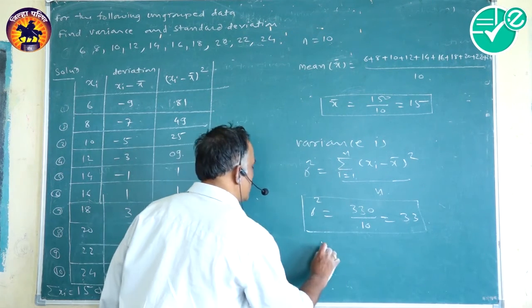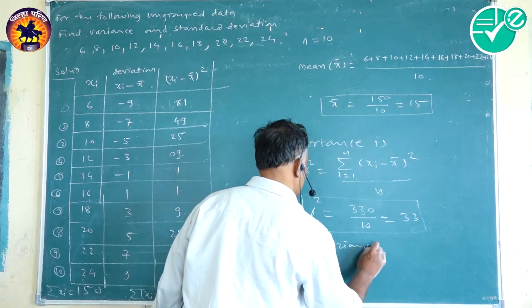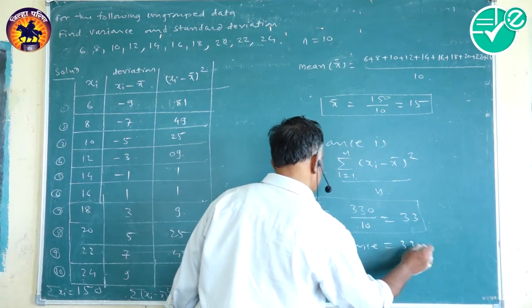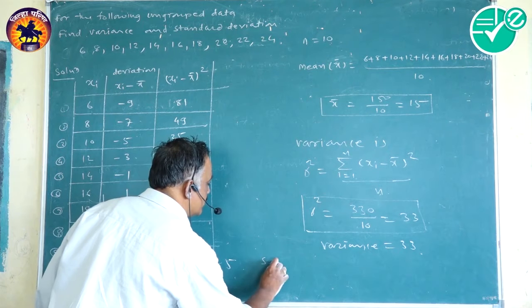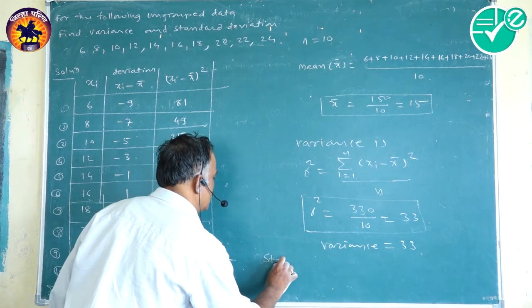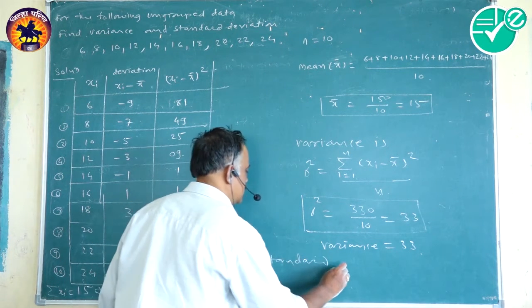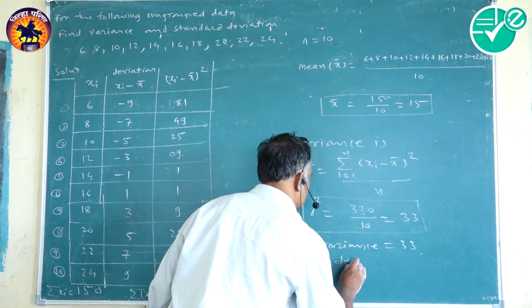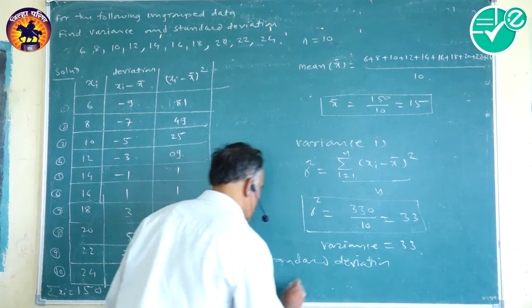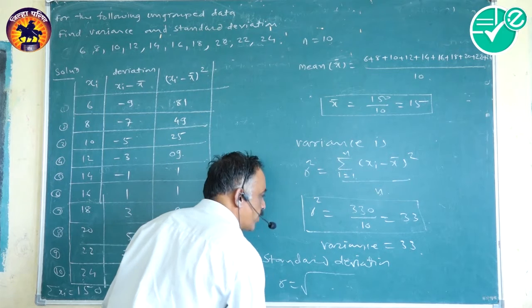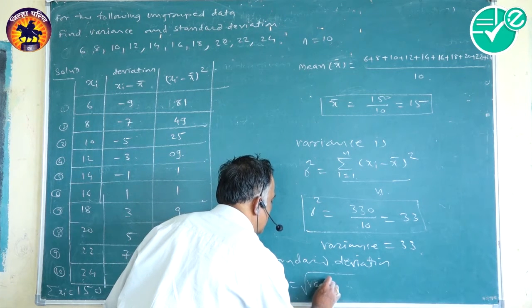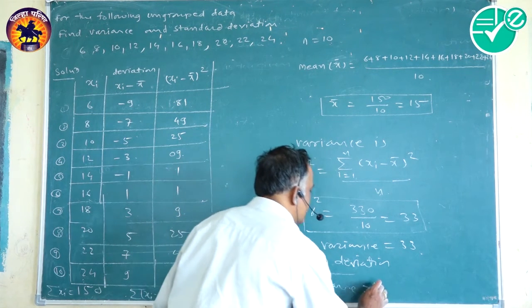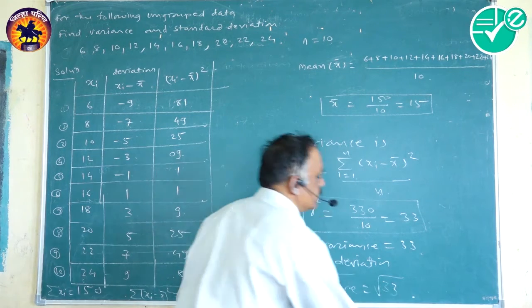So variance is equal to 33. Now to get the standard deviation, sigma is equal to the positive square root of the variance, and therefore it is equal to root of 33.